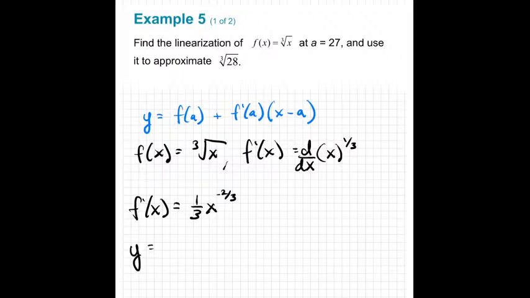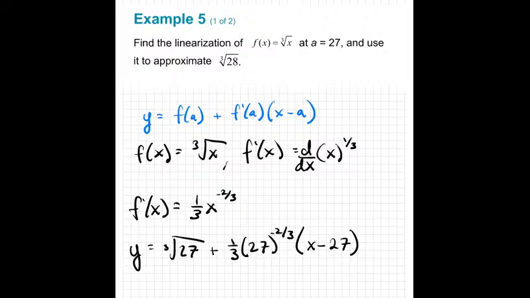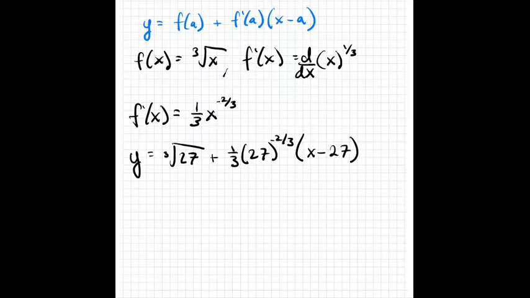So then the cube root of 27 plus f prime of a, so that's going to be 1/3 times 27 to the power of negative 2/3 times x minus 27. So this should give us the equation of the tangent line when x is 27. Let's keep going.